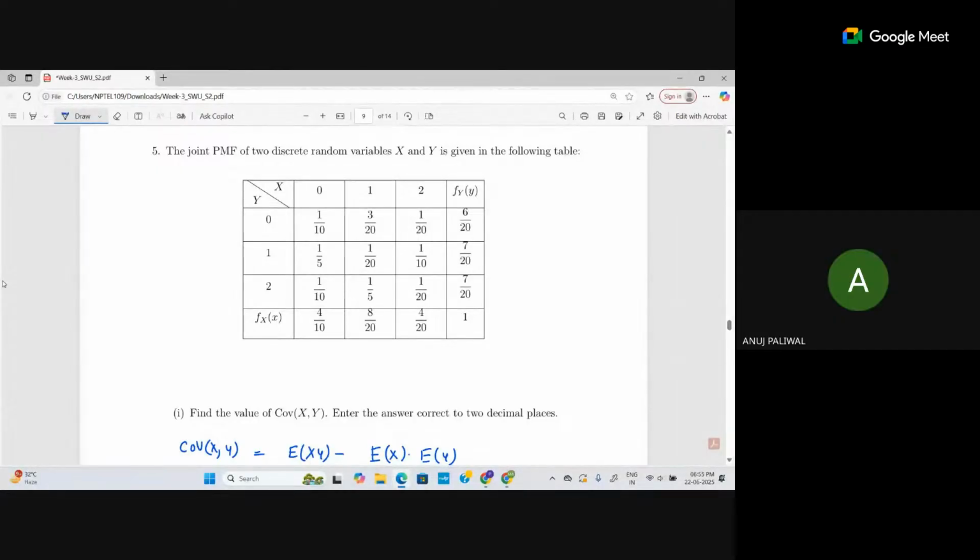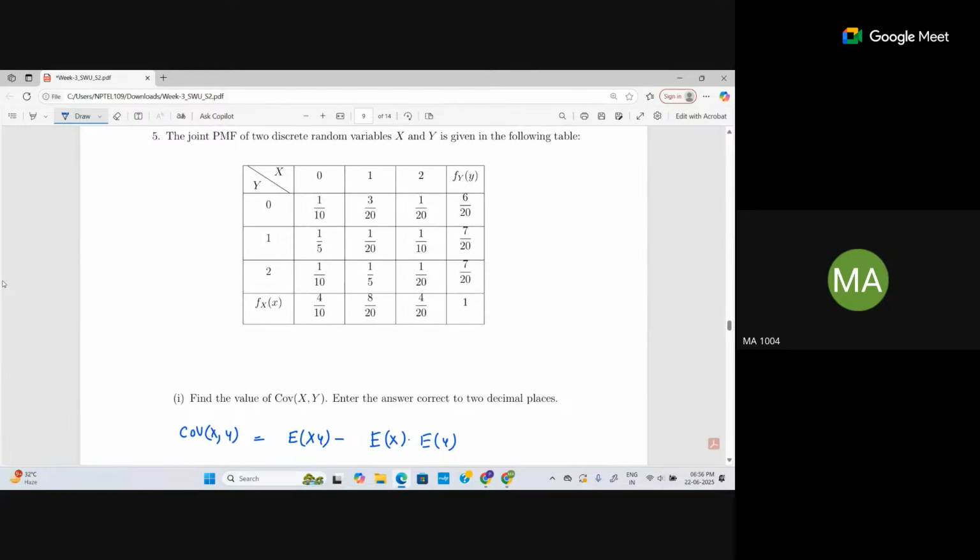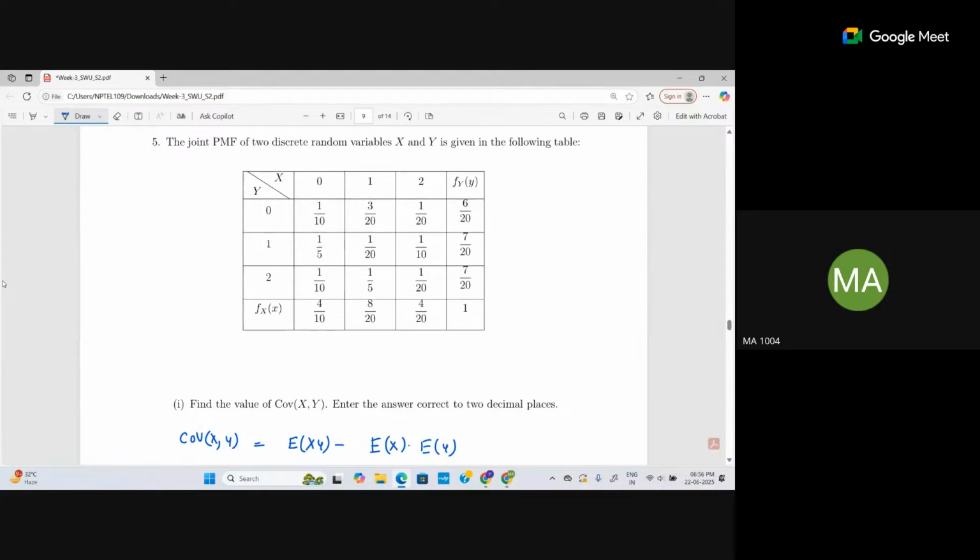Ma'am, I got 0.01. Okay. So expectation of x and expectation of y you can easily find from this table. And then the main thing is to find this value, expectation of xy.